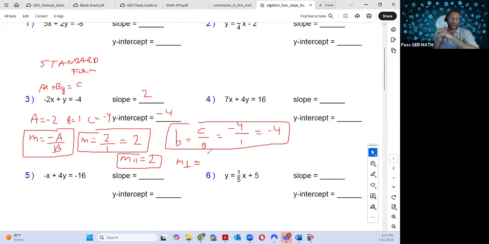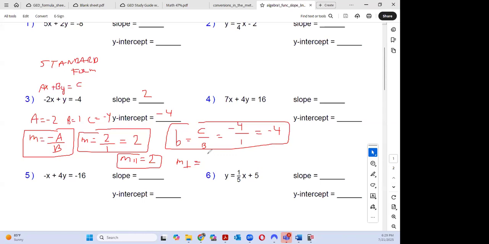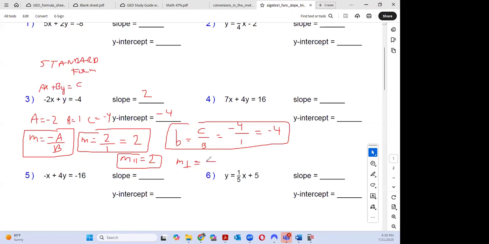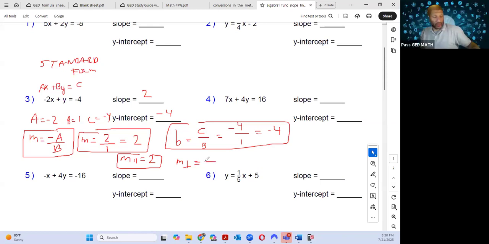How do you find the slope of a line that's perpendicular? You change the sign and flip. So if the slope is 2, if I change my sign, the slope of the perpendicular is positive or negative? It's negative. If I flip 2, what do I get?